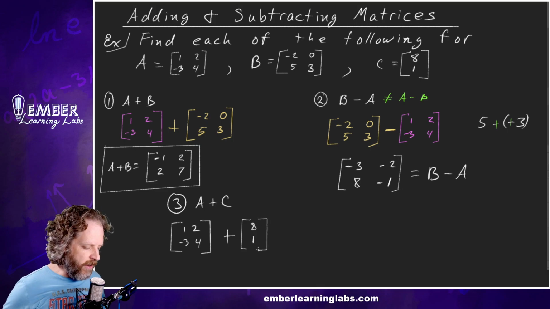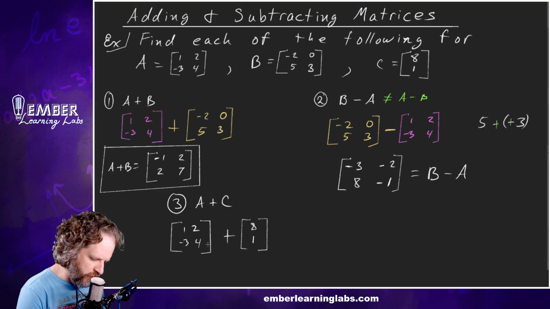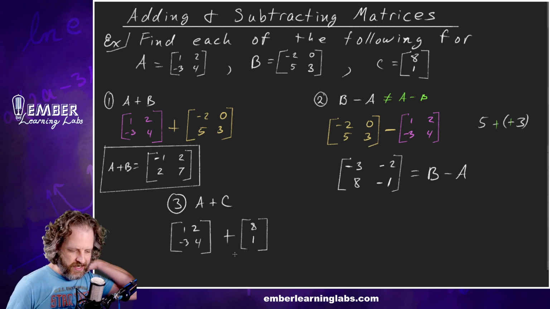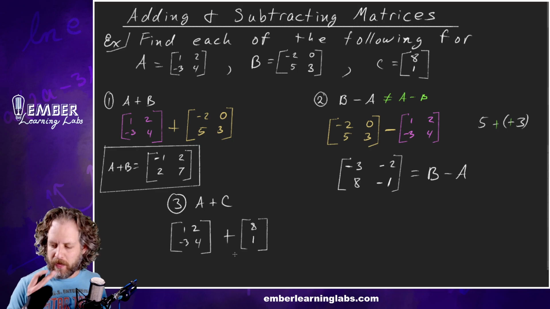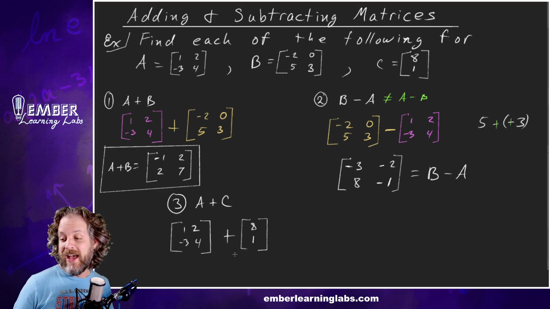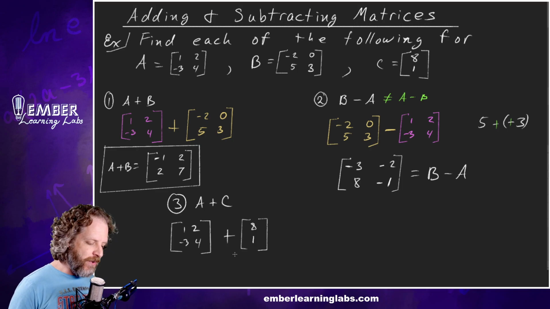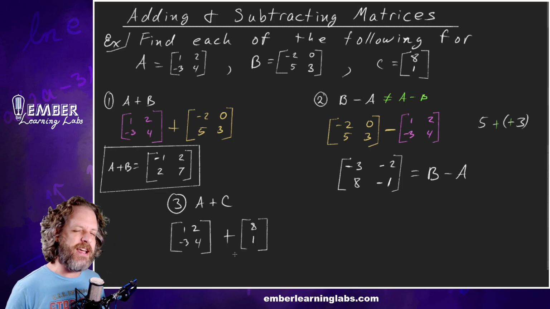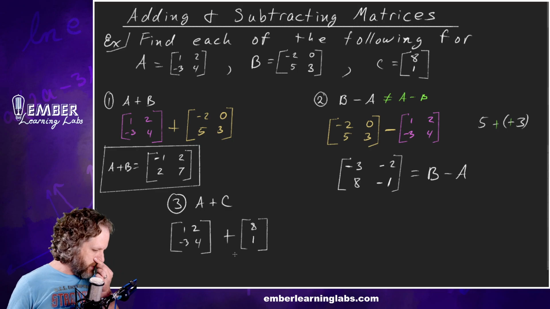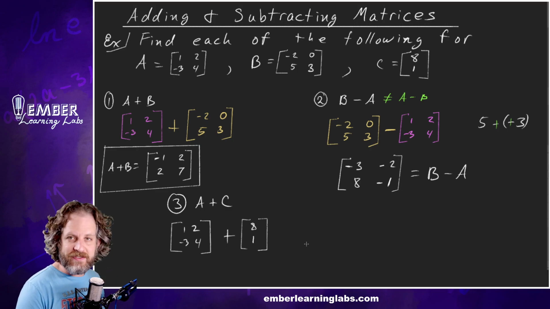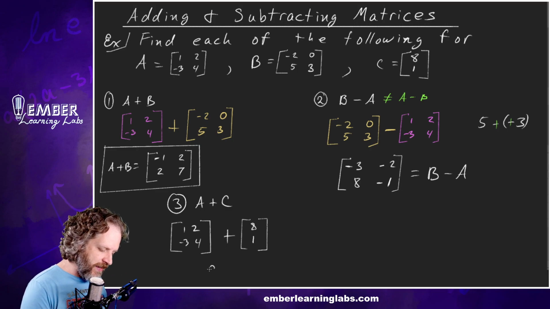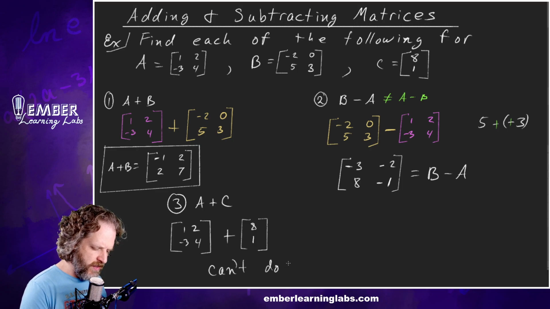So how can we add a 2 by 2 plus a 2 by 1? Well, we can't. We can't do addition and subtraction unless the matrices have the same dimension. Since this one doesn't have the same dimension, we can't do this.